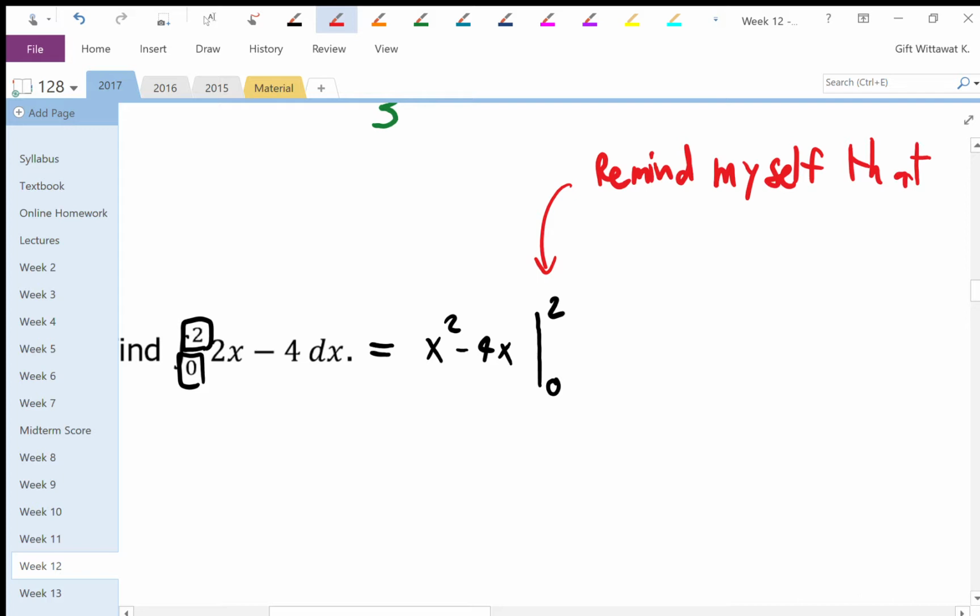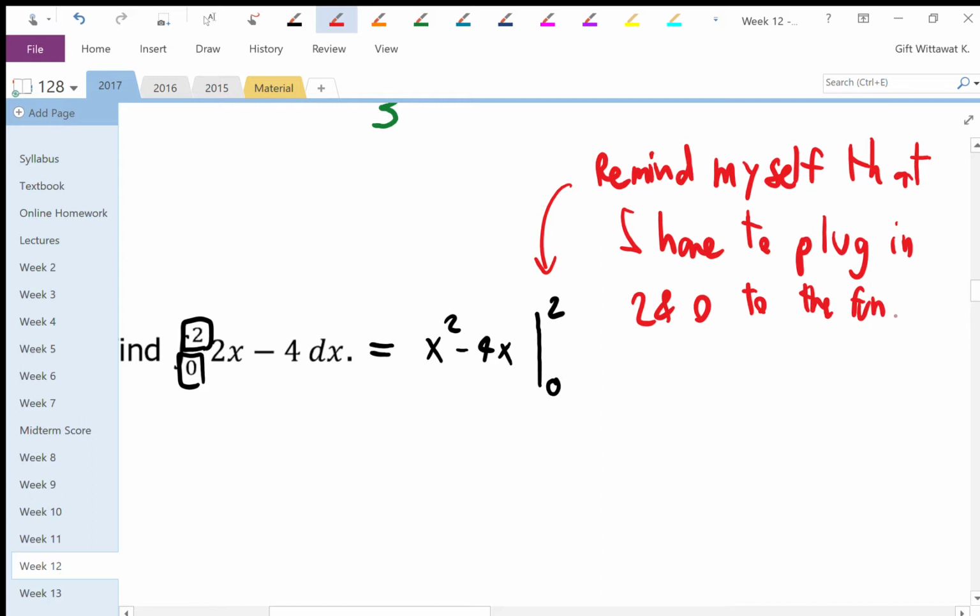This is not the answer, but I have to plug in 2 and 0 to the function. So I need to plug in 2 and 0 into this function and subtract them. And that would finish my integral. So let's actually do that.